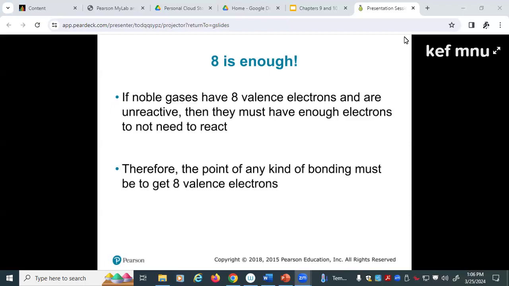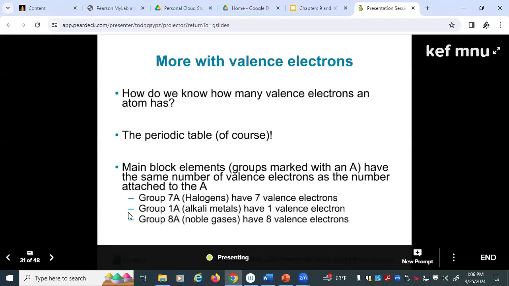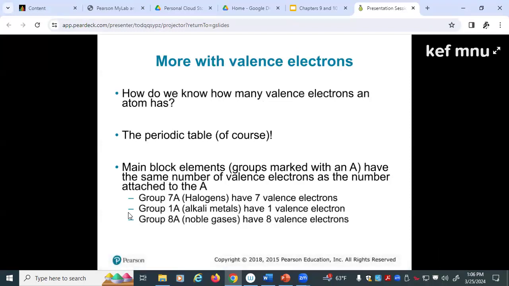And some of the work that we did on Friday mainly just focused on how do I separate those two from each other, and how do I identify how many valence electrons there are. And the main answer to that question was the periodic table.